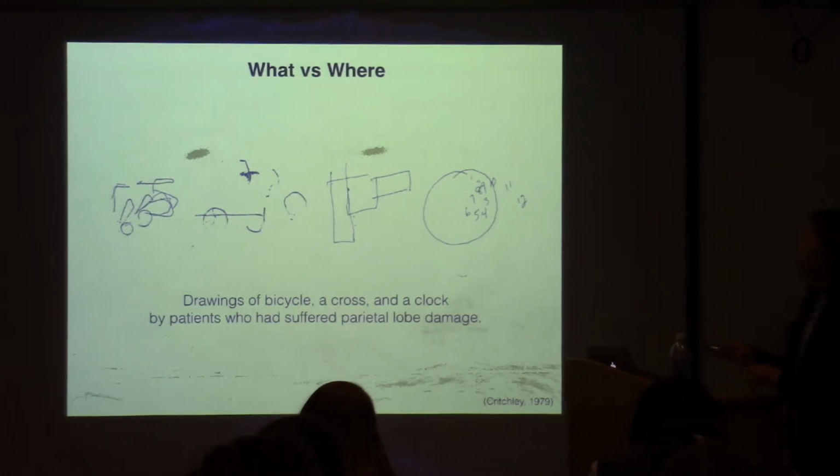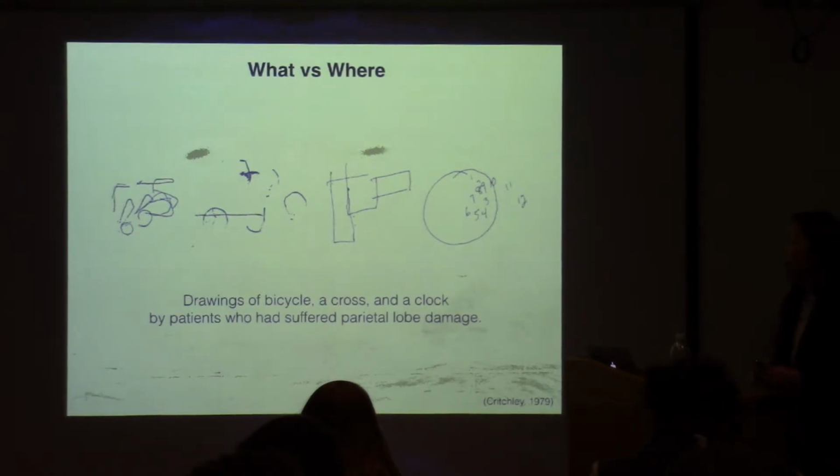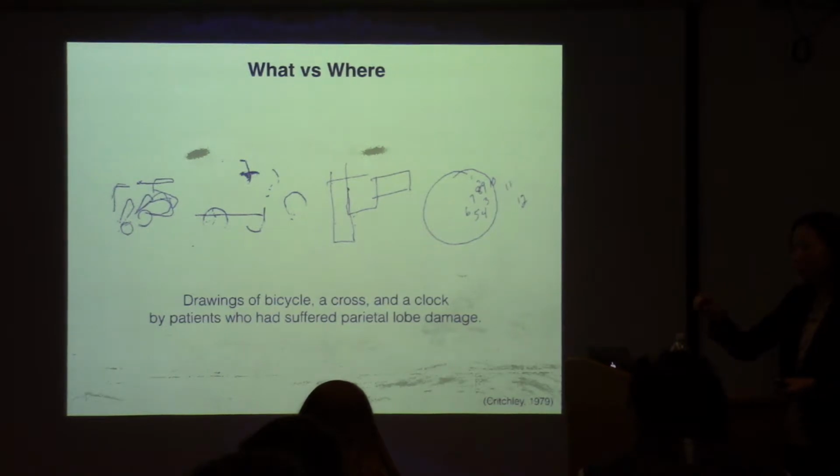And when she was asked to draw a bicycle, a cross, and a clock, we can see that she knows what a bicycle is, and she knows the different components of a bicycle. She drew 2 wheels, a handle, a frame, a seat, but she has no ability to place them in the right relationship with each other, location-wise, on the paper.